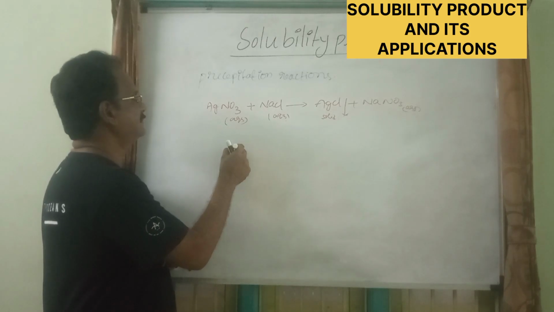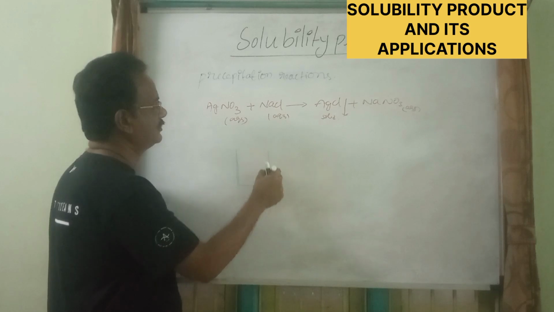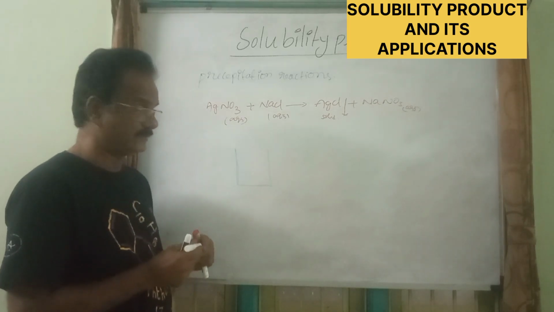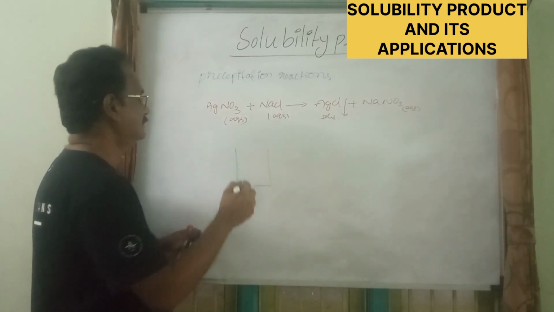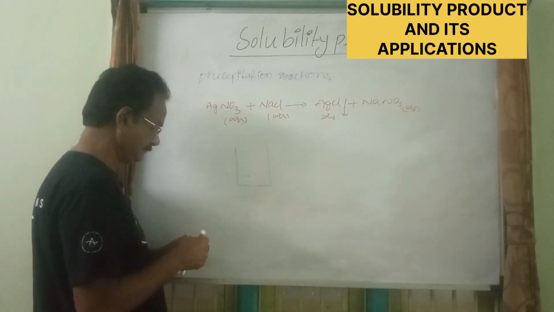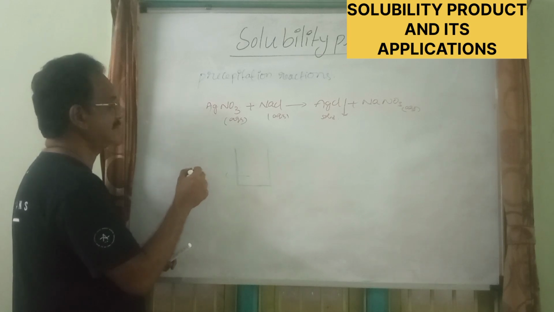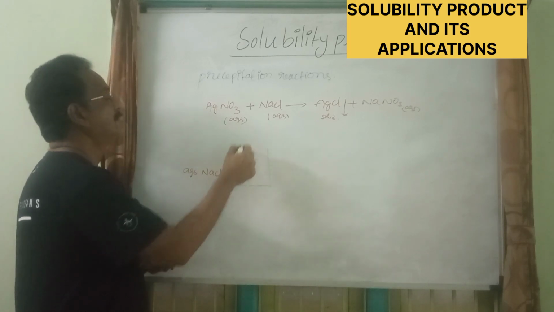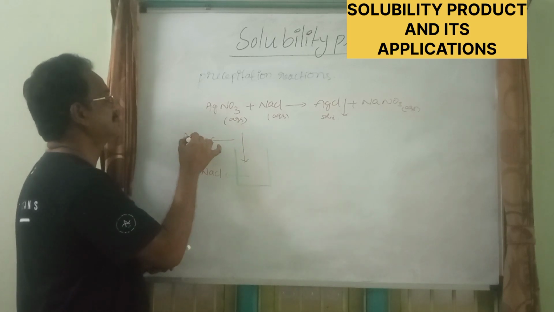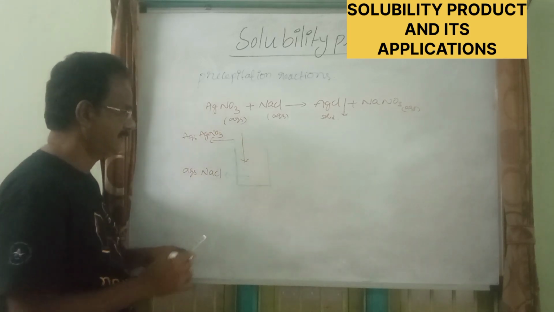So let us assume that this is the container in which we are going to react AgNO3 and NaCl. See here, this contains aqueous NaCl. You are adding aqueous AgNO3 into this solution.